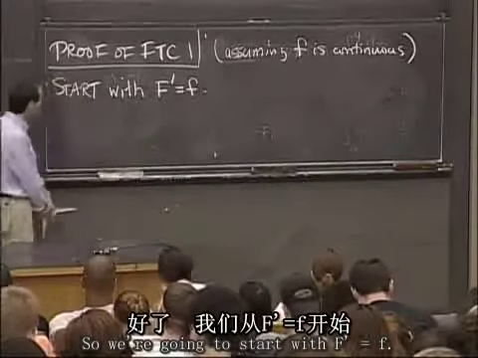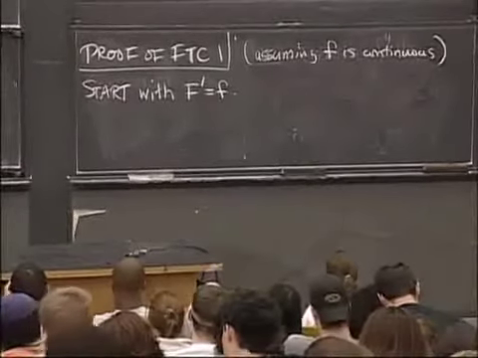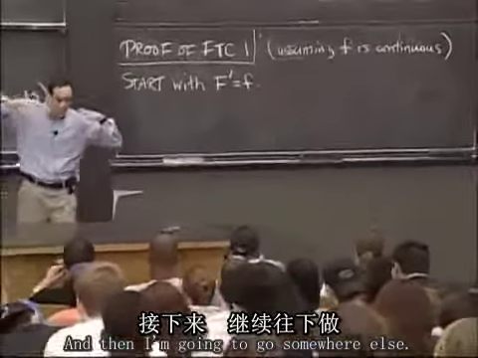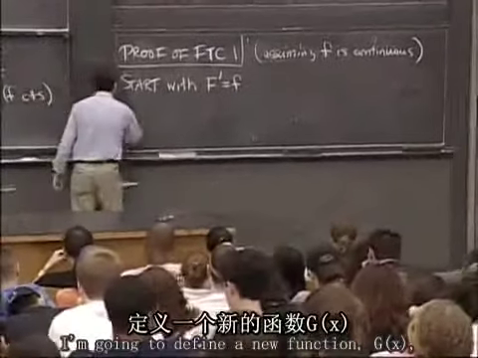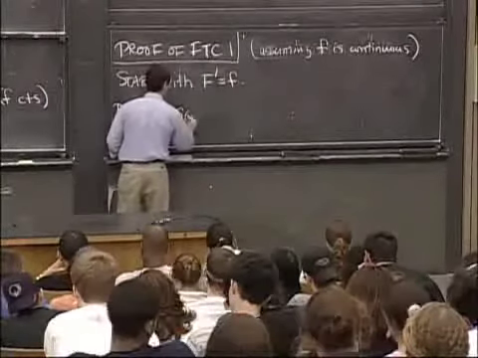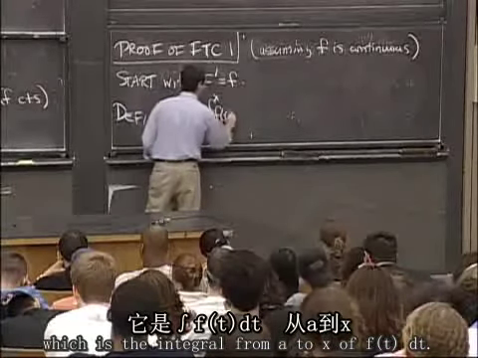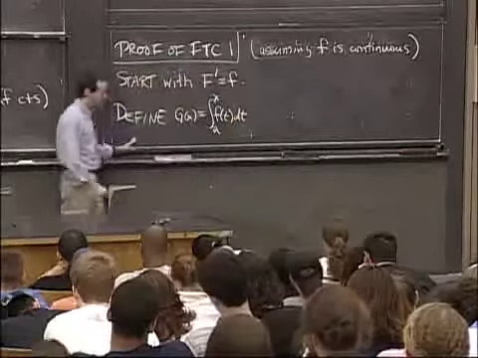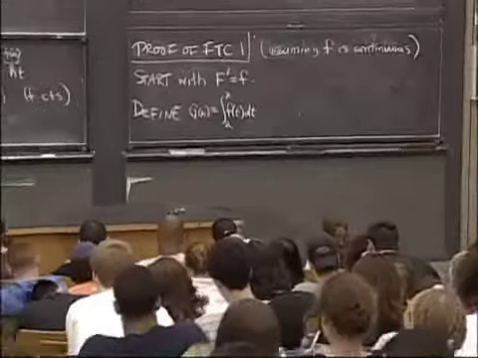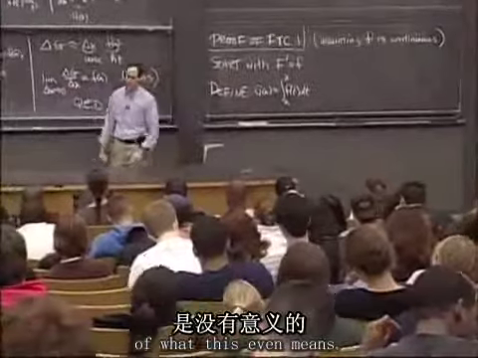All right, so we're going to start with f prime being equal to little f. And then I'm going to go somewhere else. I'm going to define a new function, g of x, which is the integral from a to x of f of t dt. Now, this is where we needed all of the labor of Riemann sums, because otherwise we don't have a way of making sense out of what this even means.